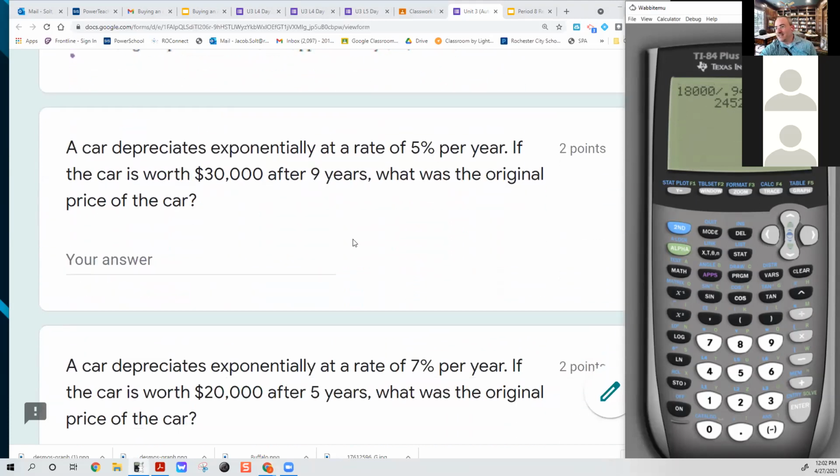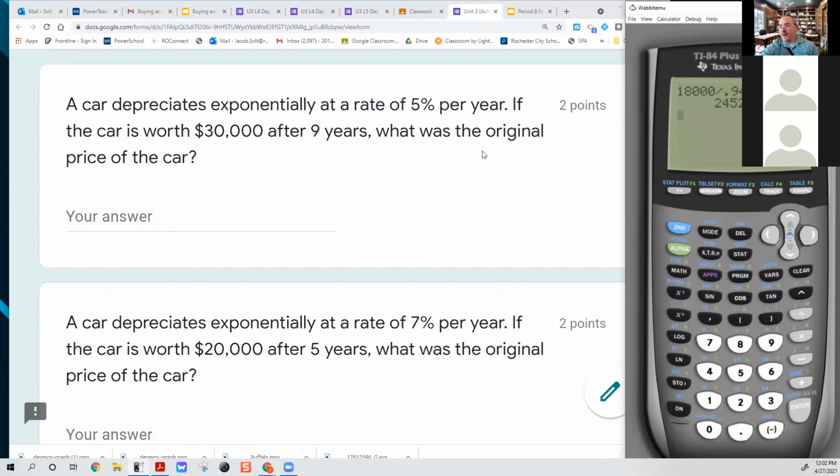If I gave you a problem like this, you'd follow the same situation. It's 30,000 after 9 years. There's my 30,000. I'm going to divide by the rate expressed as a decimal out of 1. So 5% expressed as a decimal out of 1 would be 0.05, but then it needs to be 1 minus that.